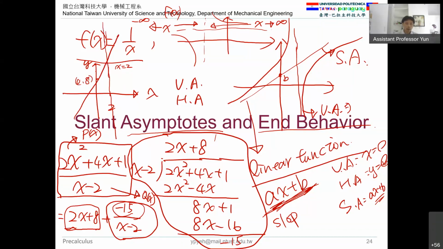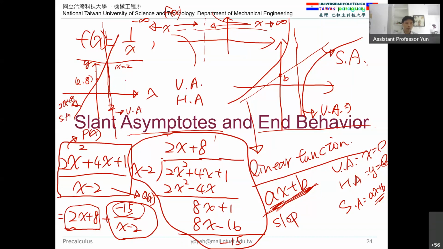So after we find these two asymptotes, this is the vertical asymptotes. And this term, 2x plus a, is the equation of the asymptote here, right?